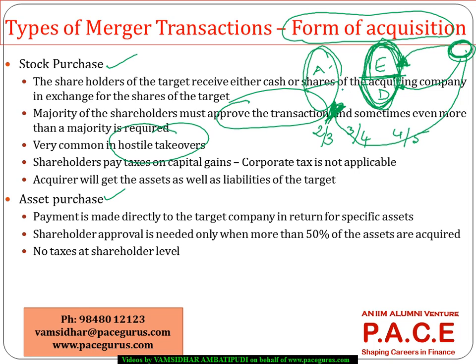Whereas in general, in this kind of purchase, unless the purchase is for more than 50% of the assets, or the stake is going higher, only then is shareholder approval needed. But in regular circumstances, shareholder approval is not needed in an asset purchase transaction.